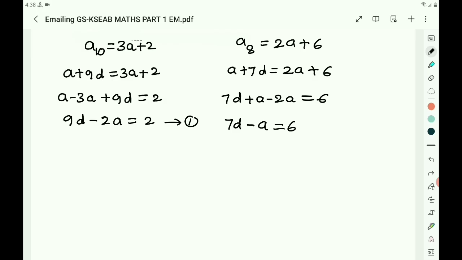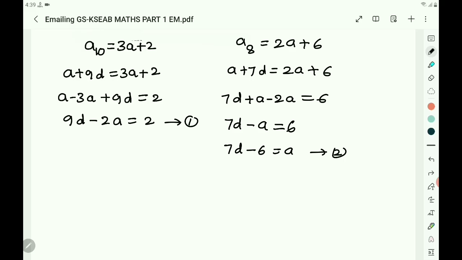But it is better to use the substitution method. You can convert it into a equals. So here transfer minus a to the RHS and 6 to the LHS, then you will get a equals 7d minus 6. Consider this is second one.